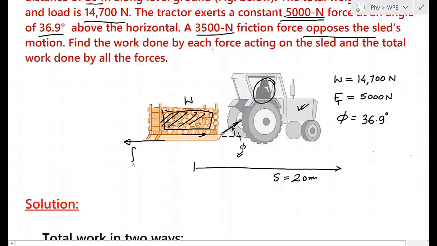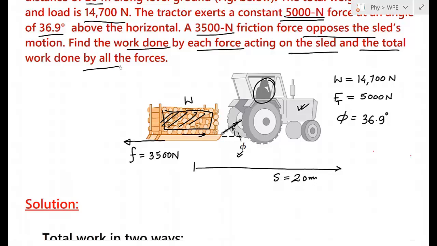So this friction force, let's call it f, is 3500 Newton and acts in the opposite direction of the motion. We have to find the individual work done by each force acting on the sledge, and we also have to calculate the total work done by all the forces.